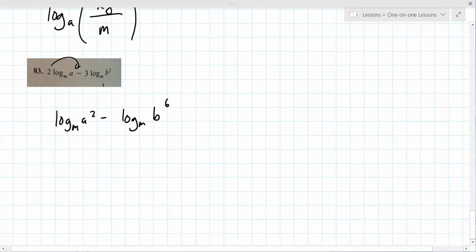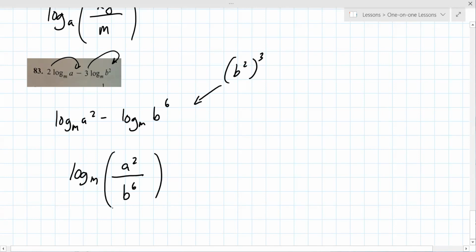So the exponent comes up. It's an exponent to an exponent, so it's really b squared to the power of 3. So that becomes b to the 6th. And then I can rewrite it as a quotient, and again, a single log as your final answer.